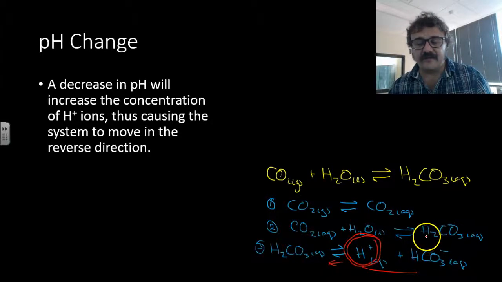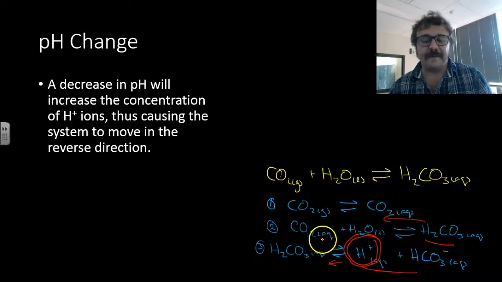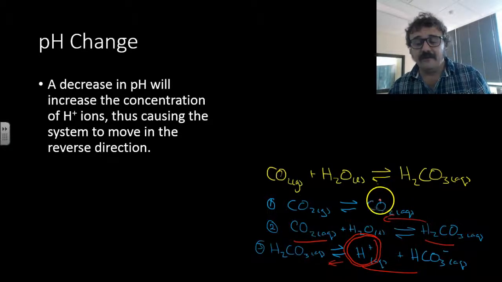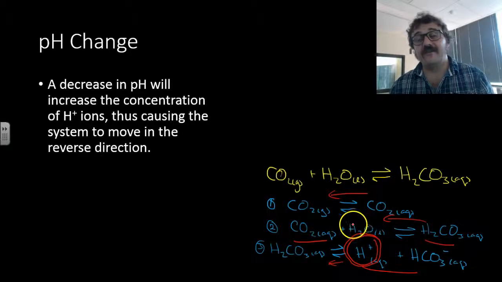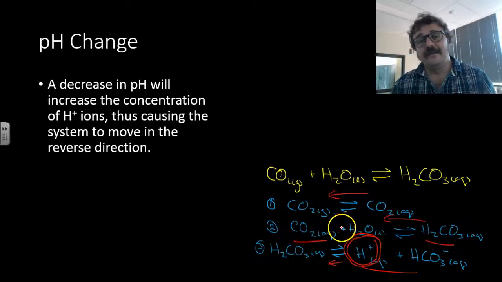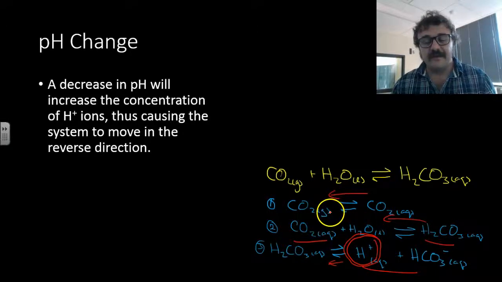This increases the concentration of your carbonic acid, which will drive this reaction to the reverse side. This will increase your concentration of aqueous carbon dioxide, which will drive this reaction to the reverse side. So you see, if we add hydrogen ions, eventually it gets to a point where that drives off the carbon dioxide gas.